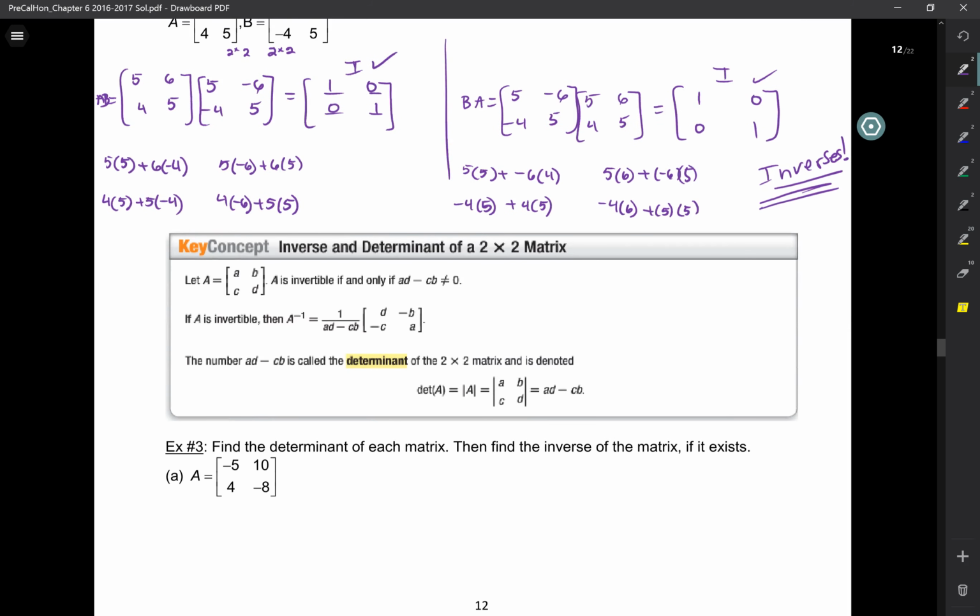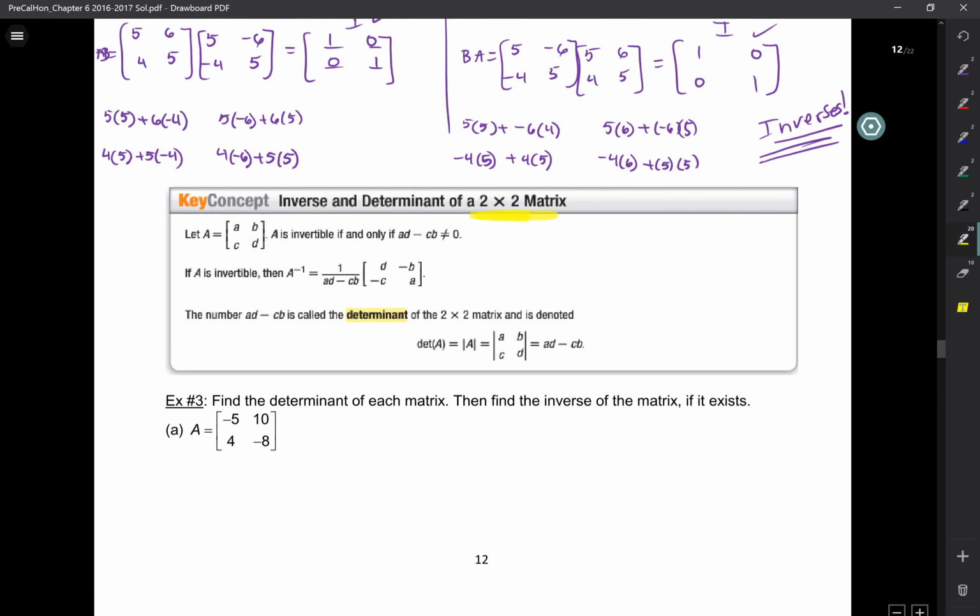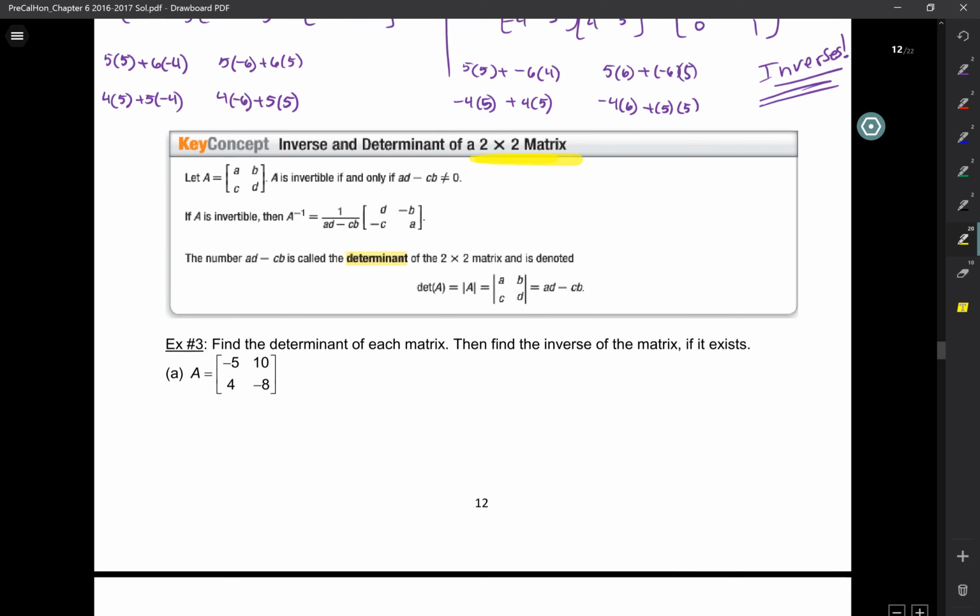All right, so how would we find an inverse though? Okay, how would we find an inverse of any matrix? All right, we're going to start with the 2 by 2s. It is so much fun to do these. Okay, so you've got a 2 by 2 matrix here. Okay, you know what you do. Here it is.